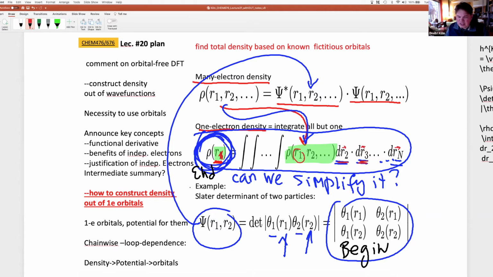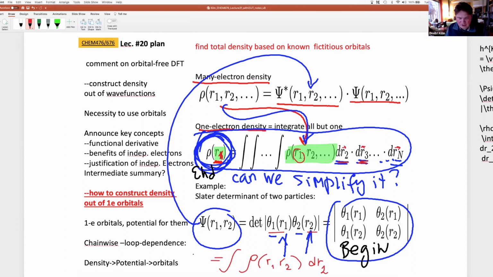I will literally write a Slater determinant of 2 orbitals, orbital 1, orbital 2, for electron 1, electron 2, and then literally compose the density of 2 electrons, R1, R2, and then literally integrate everything except R1, which will be an integral over R2.